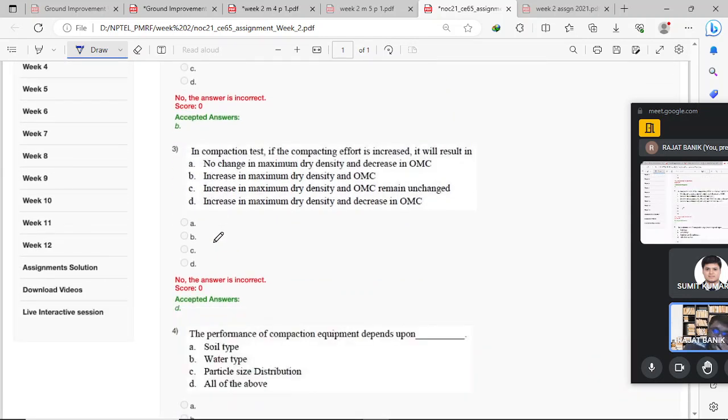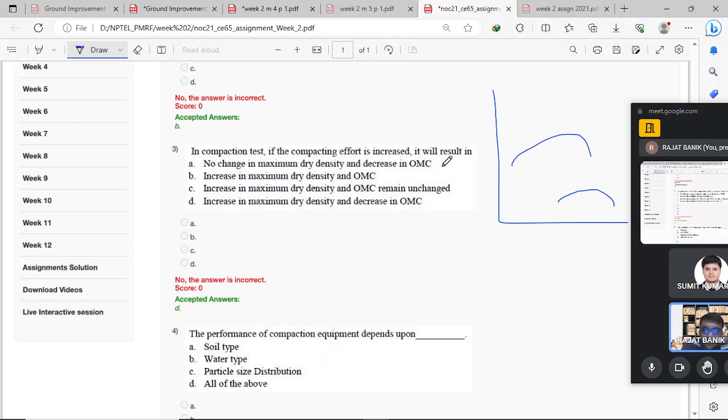In question 3, it is said that in a compaction test, if the compacting effort is increased, what will result? We know the curve is like this for low energy, and like that for high energy.